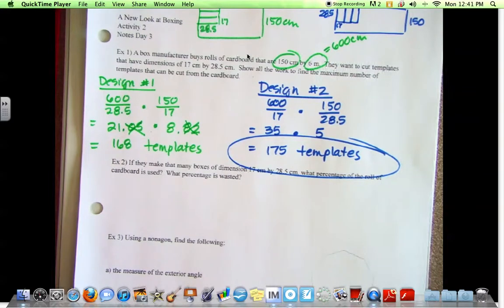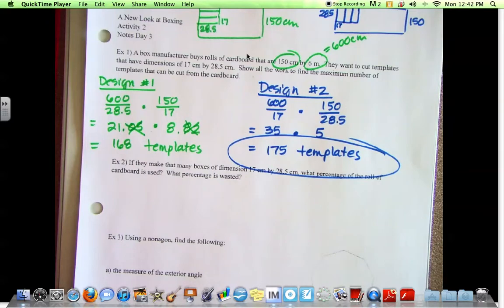So how do you think we can come up with how much is used and how much is wasted? Sarah, thoughts? Abby?